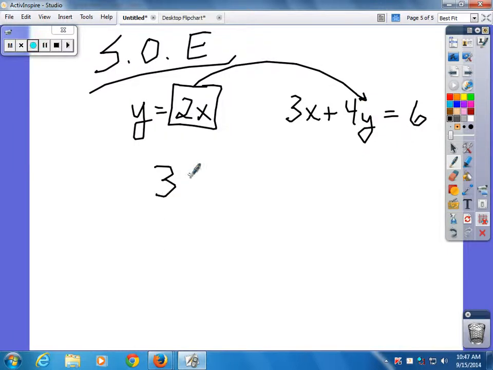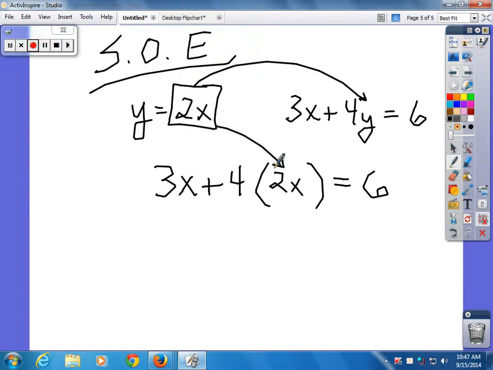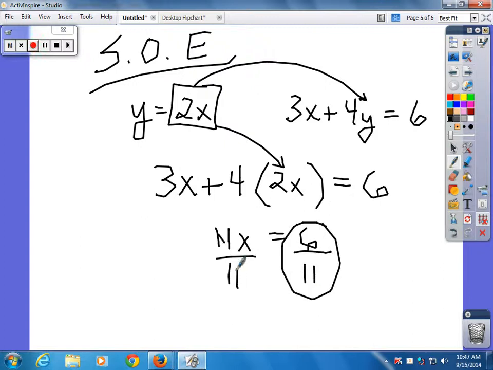So I go 3x plus 4 times parentheses is equal to 6. And plug in that 2x. And then I get 3x plus 8x is what? 11x. Divide by 11, divide by 11. x is equal to 6/11, and then you can take that and plug it in here and get y.